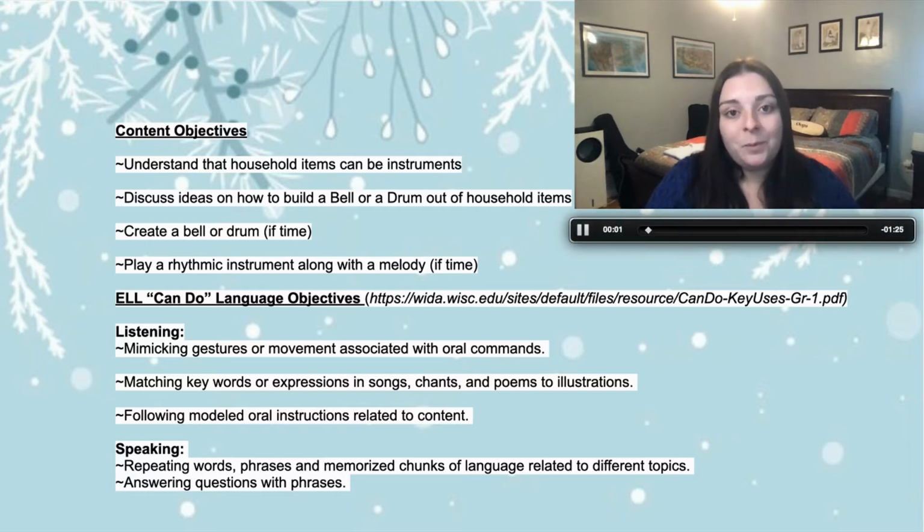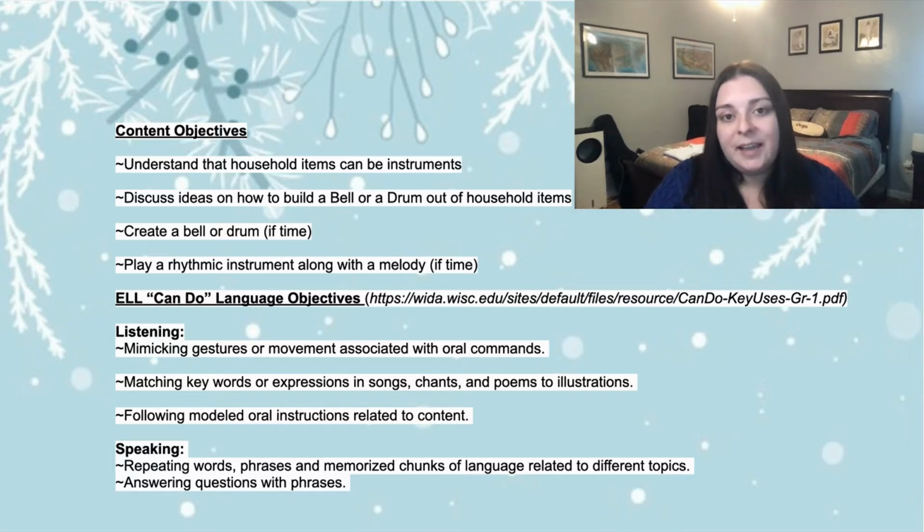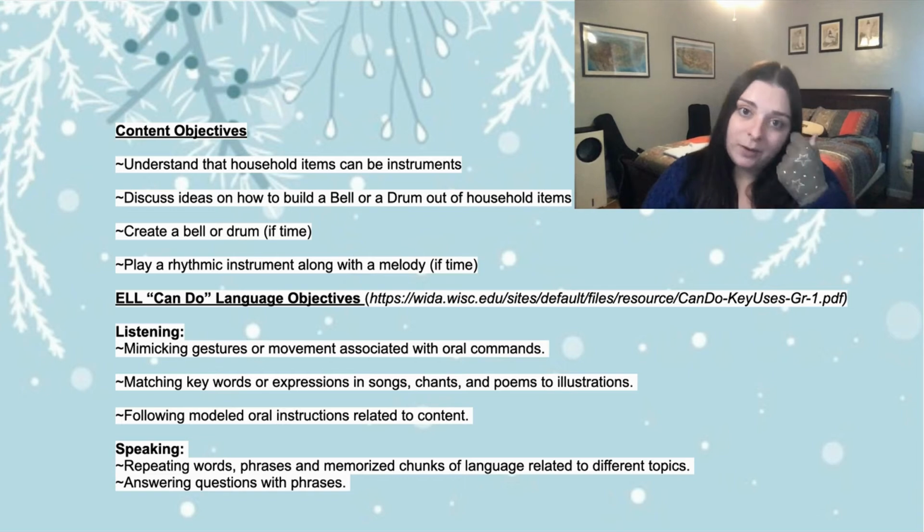Before we go on with our lesson, I would like to pause and take a look at our content objectives and our can-do language objectives for today. Our content objectives are to understand that household items can be made into instruments.